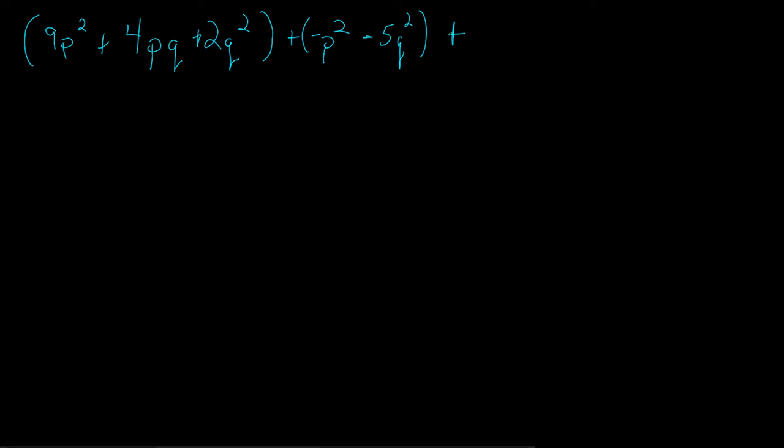So I have 9p squared plus 4pq plus 2q squared, that's one term, plus negative p squared minus 5q squared plus, I'm going to write the next polynomial down here, 2p squared minus 3pq minus 7q squared.